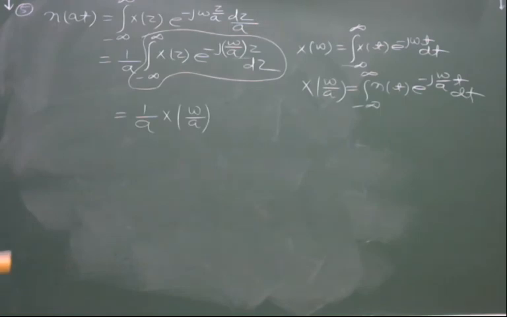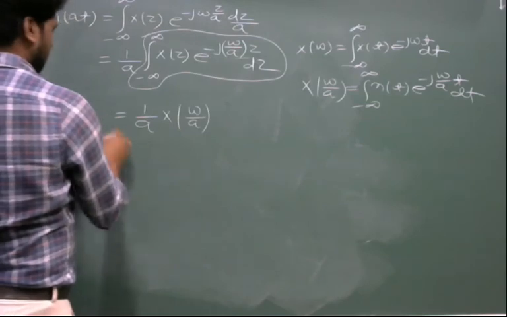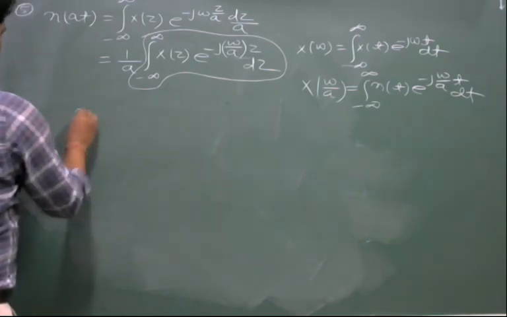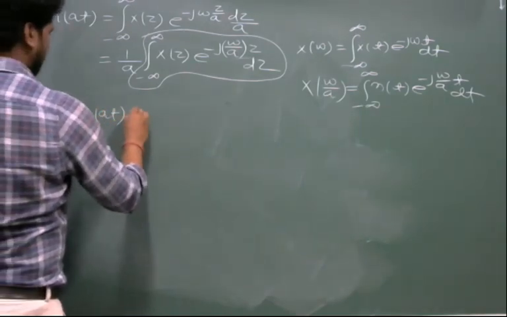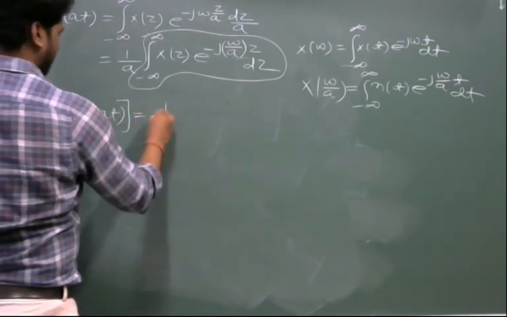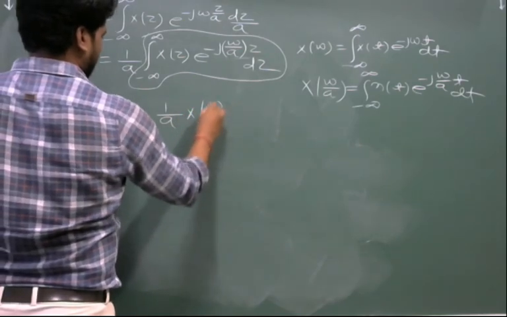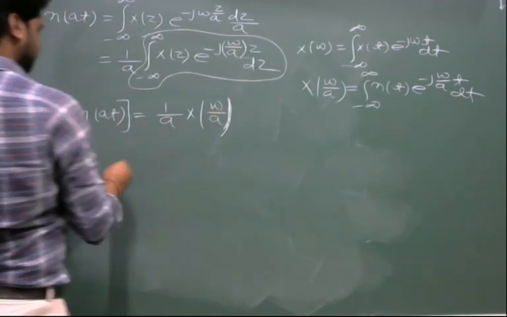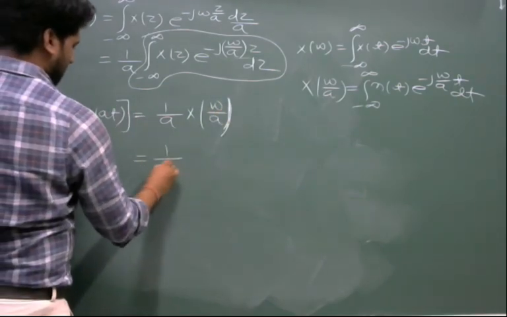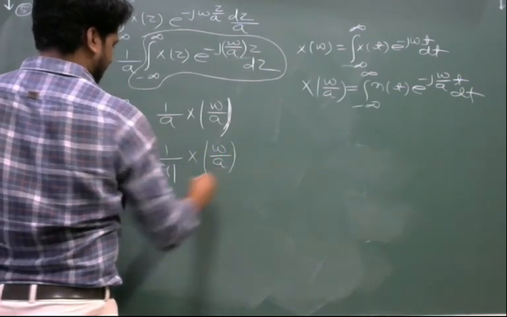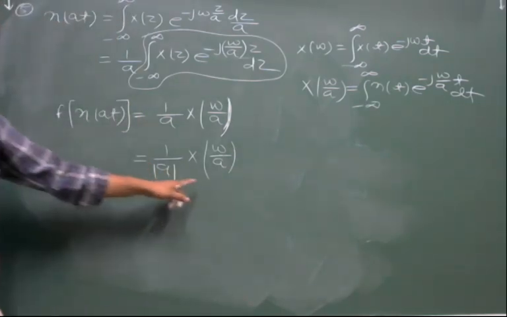Now, in the given relation, we find that the Fourier transform of x of at will be equal to 1 by a X of omega by a, and this can be further written as 1 by mod of a X of omega upon a.